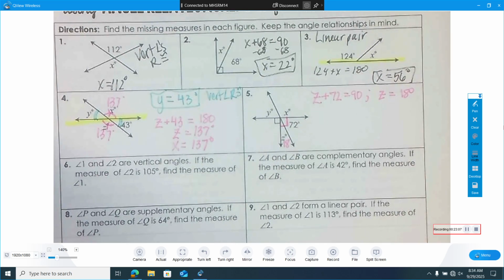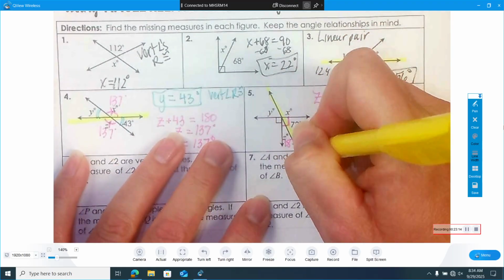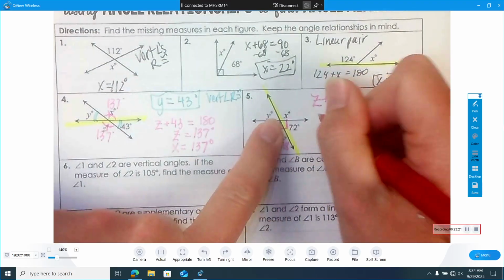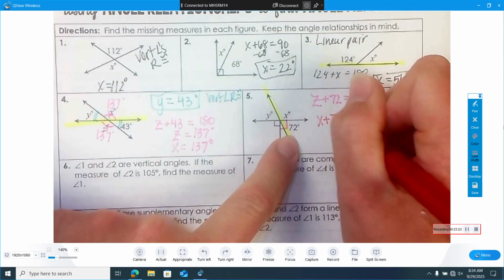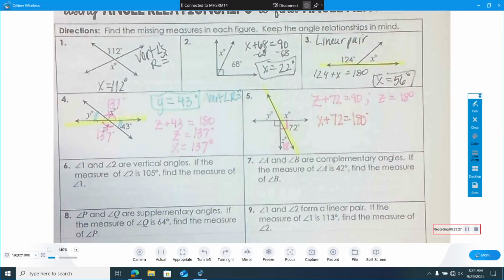How do we find X? We know that the line YX is 180. Ah, so this line? Yeah. Linear pair here. We got a linear pair. So the X angle plus the 72 should equal 180. Very good.